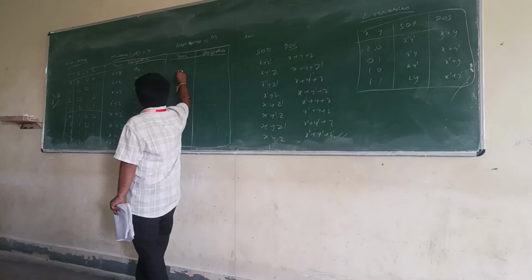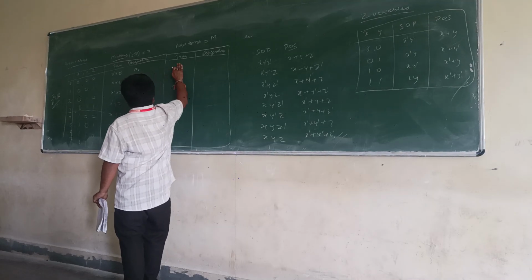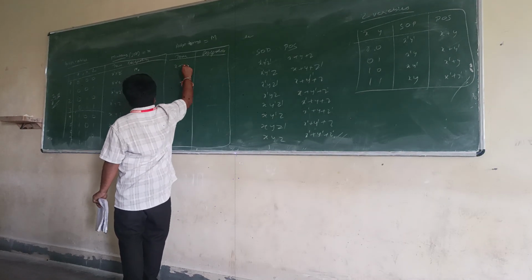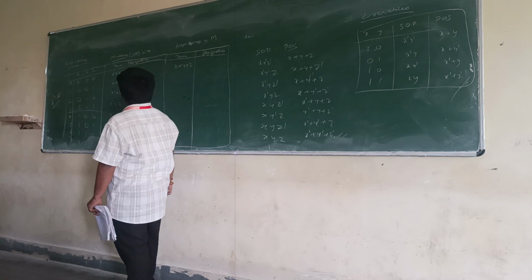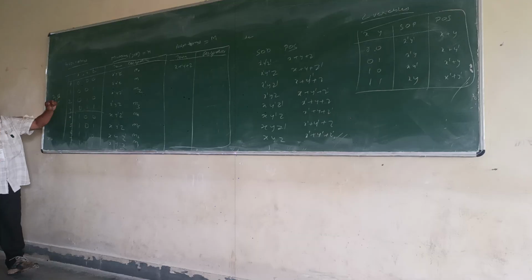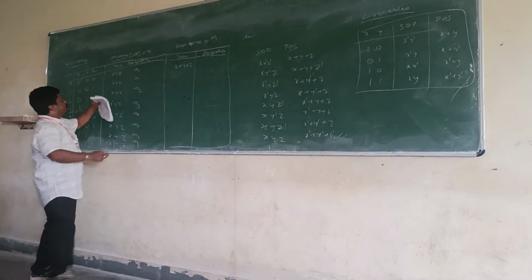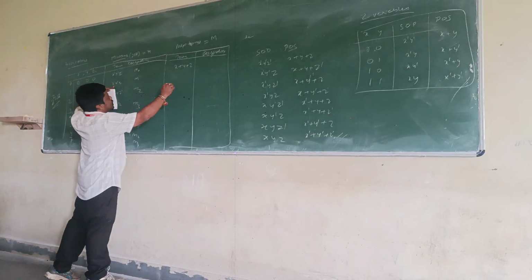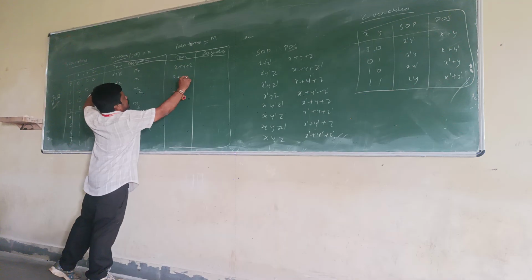The terms would be x plus y plus z, because I am considering the complete opposite of the SOP min terms. Min term x bar y bar z corresponds to x plus y plus z bar.